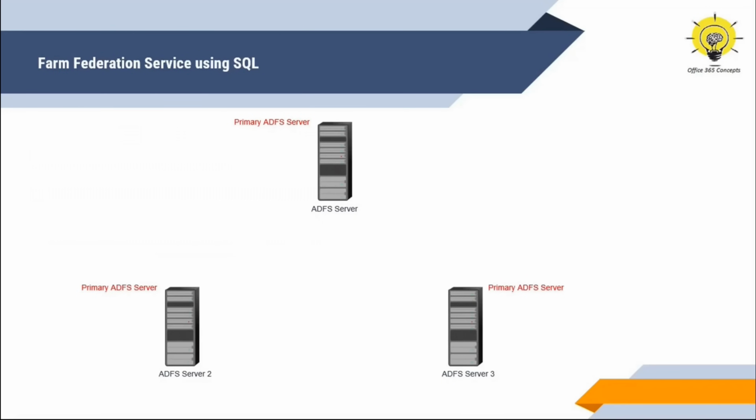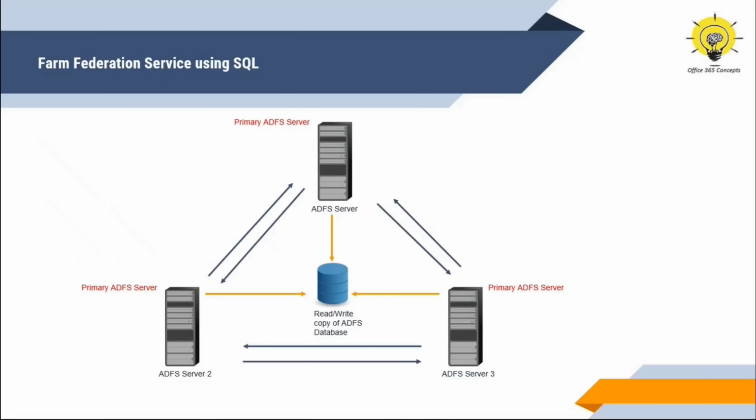And every ADFS server uses the same database that holds the read and write copy of the ADFS database. That means if you want to make any changes within the ADFS configuration, you can log into any ADFS server within the farm and you can make the changes. And those changes will be replicated to all the ADFS servers.